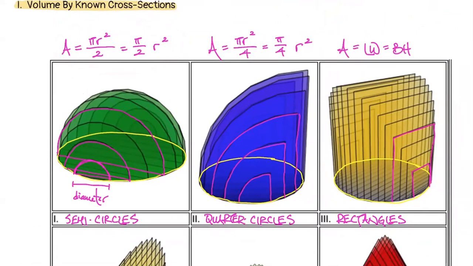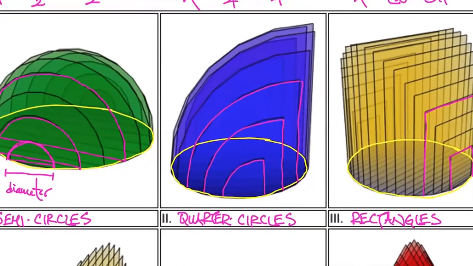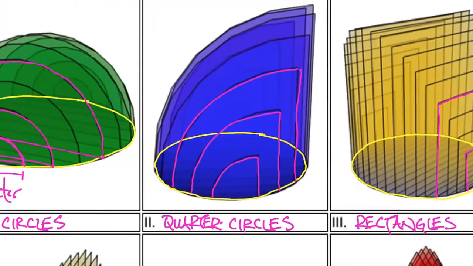Okay. Now let's take a look at the quarter circle one. So the quarter circle one, if I draw on that bottom piece, might look something like that. Or this one goes like this, and this one. Okay.